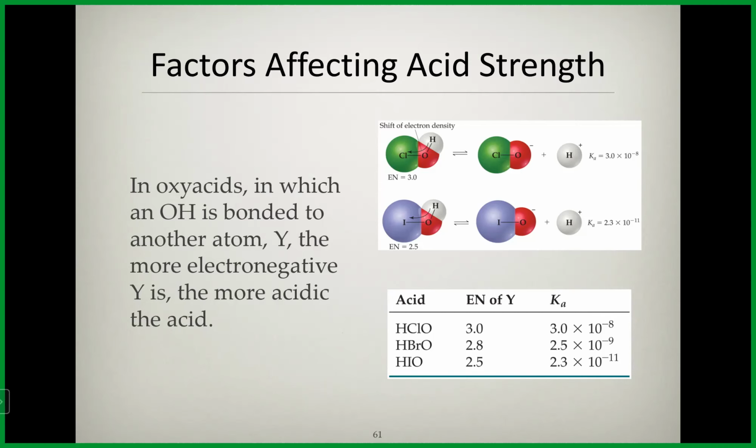Just because the Y atom is going to become less electronegative, so it's pulling less of that electron density further to the left. So the hydrogen is more secure on that oxygen. But with chlorine being the most electronegative, that's why we see more of that H plus being produced there.